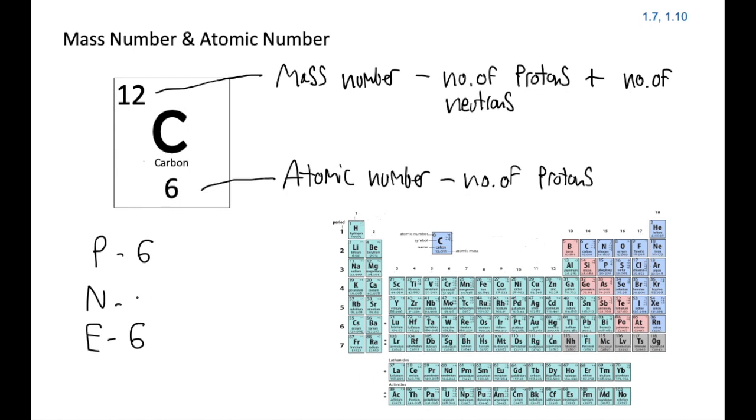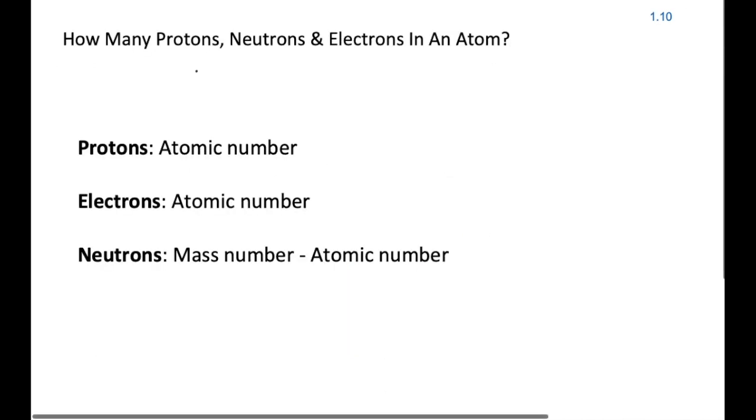As for the neutrons, we're given a number telling us the number of protons and neutrons together, and then a separate number telling us the number of protons. So if we take away the atomic number from the mass number, we will be given the number of neutrons. In this case, 12 minus 6, which is 6. And that is how we can use the atomic number and the mass number to work out how many protons, neutrons, and electrons there are in an atom, literally using this guide here.